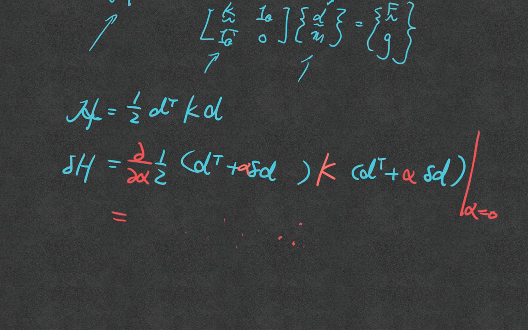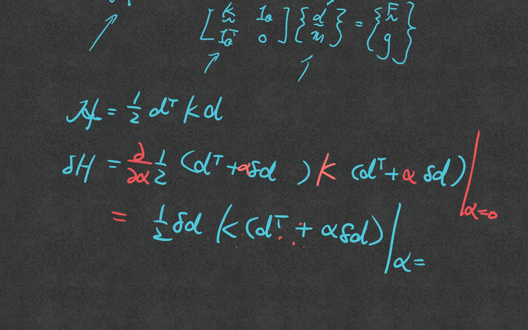The first part I have is simply this, 1/2 k k d plus lambda delta t alpha equal to 0.